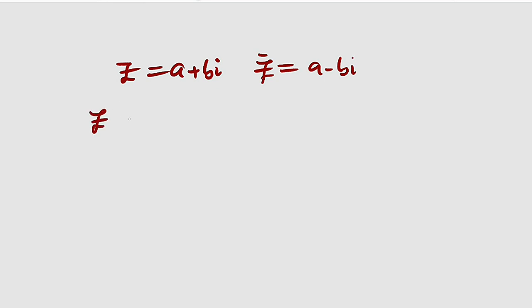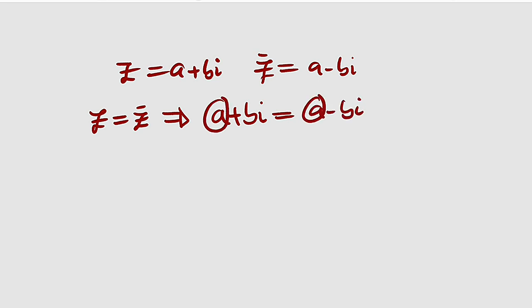Or should we prove it? Let's prove it here. Suppose I have z equal to a plus bi. The conjugate will be equal to a minus bi. So what does this mean? It means if we equate z and its conjugate, which is the same thing as saying a plus bi equal to a minus bi, the a's will cancel, right?